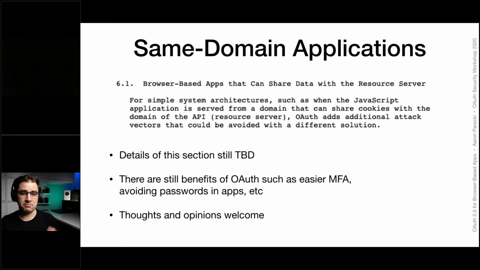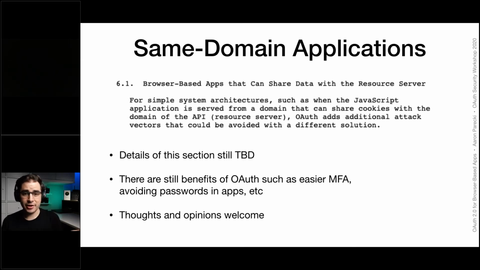There's a couple of options here. One is maybe actually it does make sense to still do a traditional redirect-based flow in OAuth there. Another option is creating some sort of extension to the OAuth flow that can use the fact that cookies can be shared to actually pass the data around so that it stays out of JavaScript. So passing the authorization code, for example, via a cookie could work.